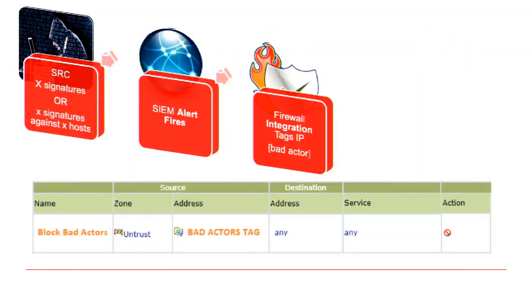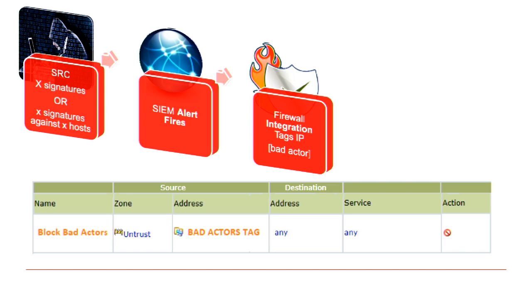Just to give you an example, on the far left here, I've set it up like this. If a source fires off X number of signatures, maybe 5 or 6 or whatever, enough for me to tell it's not somebody conducting legitimate business, or if X number of signatures are fired against a couple of different hosts, they're scanning the environment, then you want the SIEM to fire off that alert, and typically it's going to tag that IP as a bad actor.